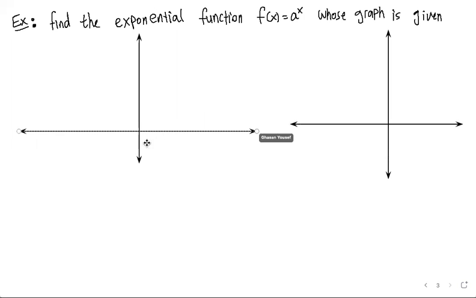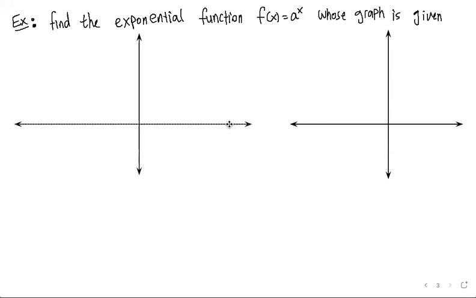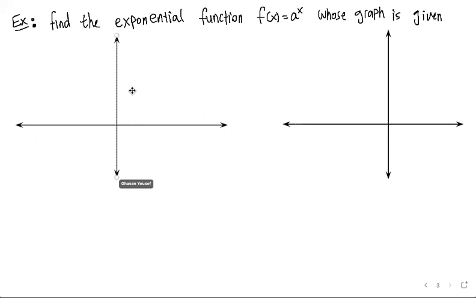Here the graph looks like this, and this graph passes through the point 2 and 25.